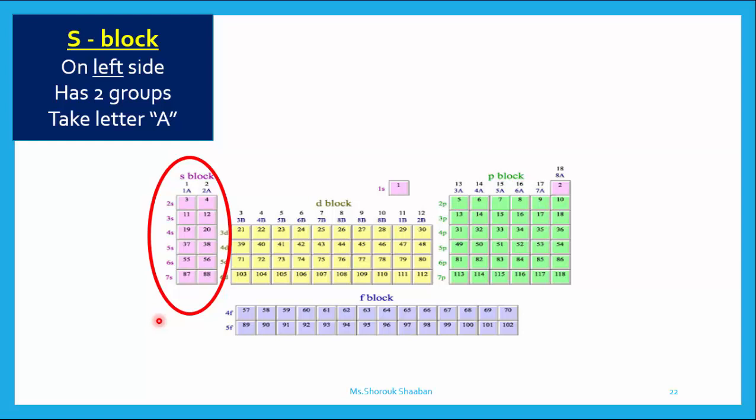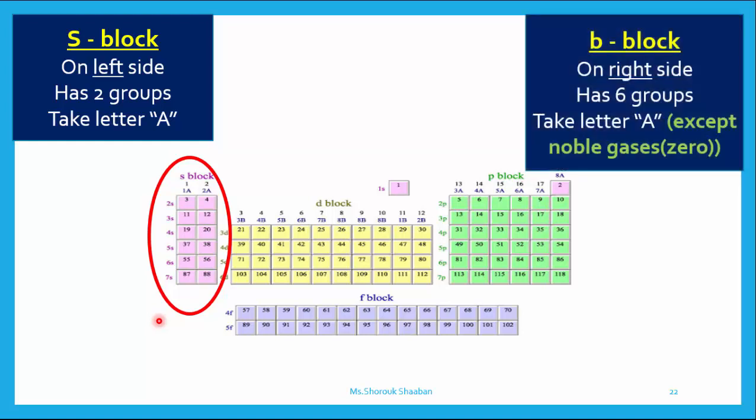Number 2 is called the P block. It's found on the right side of the periodic table, as you can see here. So if I asked you again, where is the location of the P block, you will say on the right side. How many groups does it have? Count with me: 1, 2, 3, 4, 5, 6. So it has 6 groups.